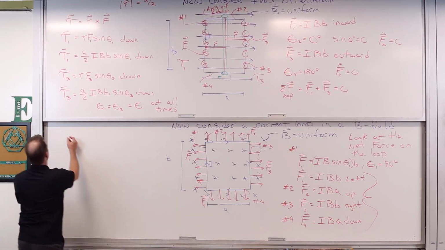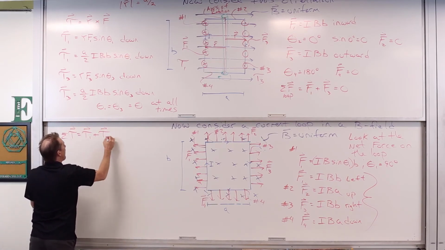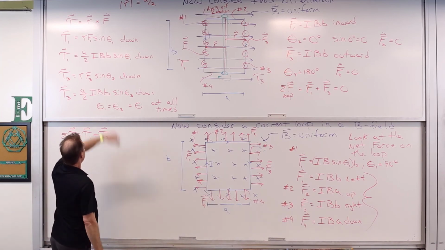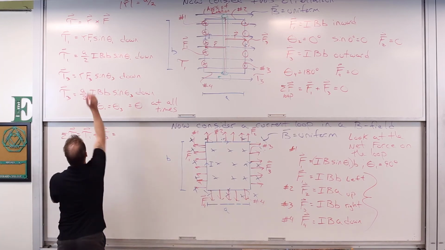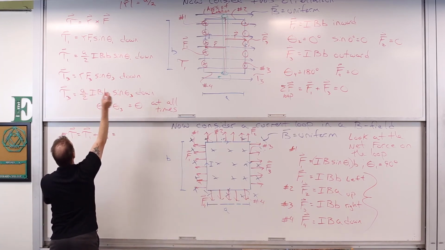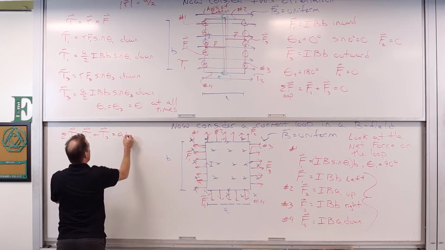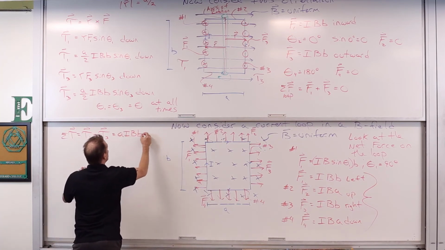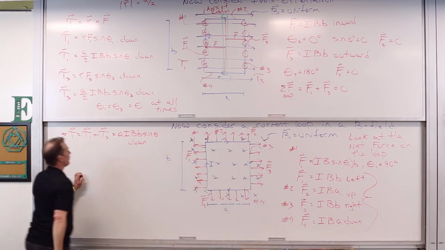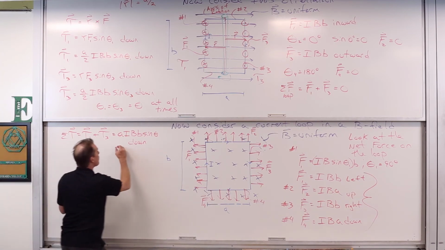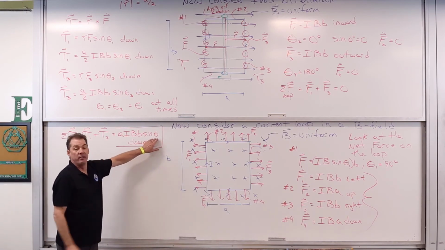And then we've got ourselves the net torque would be equal to tau hat 1 plus tau hat 3. Both are in the same direction, downward, so we can add up their magnitudes, say the overall torque's downward, and we've got ourselves A over 2 IBB sine theta plus A over 2 IBB sine theta, which is then going to be equal to AIB B sine theta downward. There is the overall net torque, and it's even written in terms of theta.